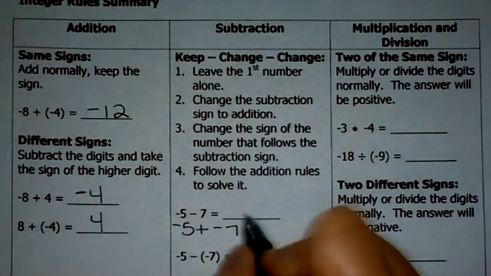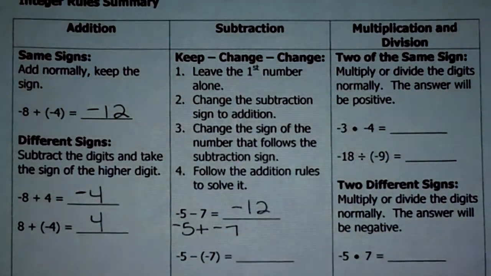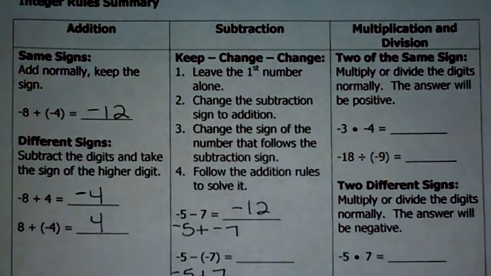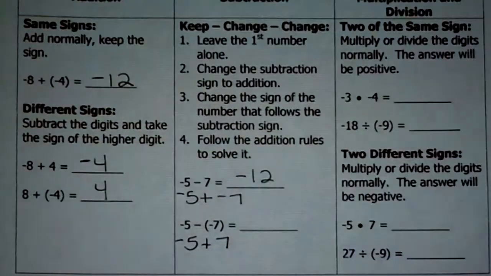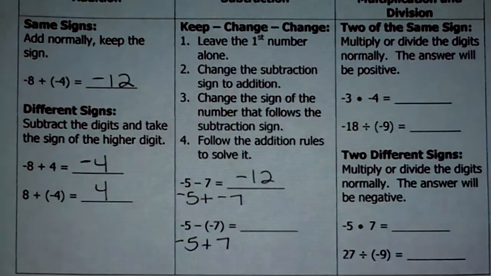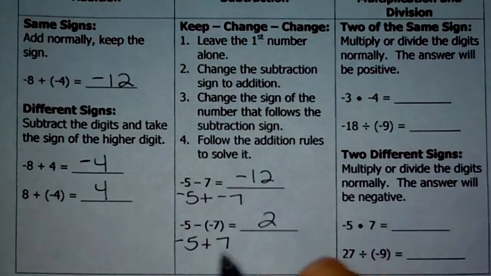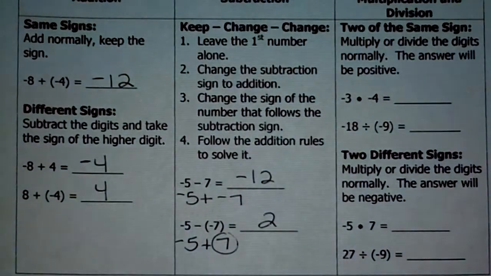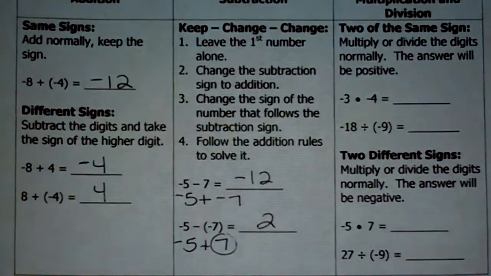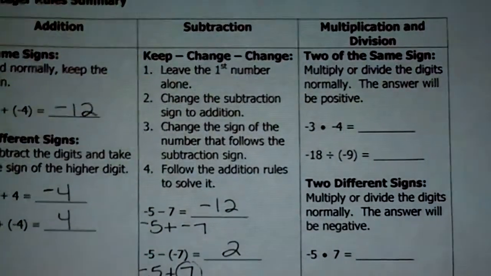Same signs, add the digits, keep the sign. -5 minus -7, keep, change, change, would become -5 plus a +7. And when you have two unlike signs with addition, you learn that you subtract and take the sign of whatever you have more of.